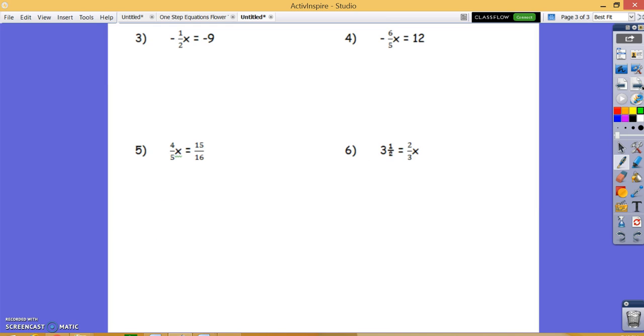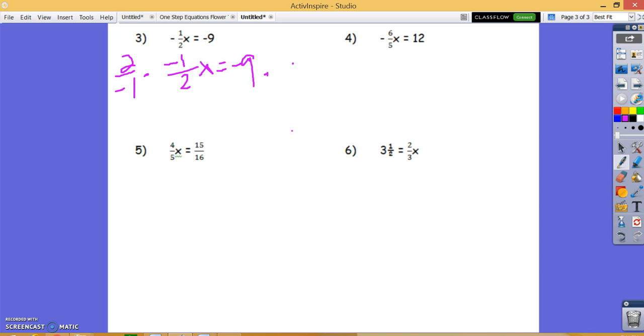Okay, example number 3. With example number 3, I'm going to actually rewrite it. We don't want to have just like a negative number kind of hanging out in the middle of nowhere. We learned in the first unit that usually you're going to take that negative sign and put it in the numerator, so we can go ahead and do that. But truthfully, it doesn't matter where the negative sign goes as long as it's either on top or bottom. It can't be on both. So I'm going to multiply by the reciprocal, which is 2 over negative 1, or negative 2 over 1, it doesn't matter.